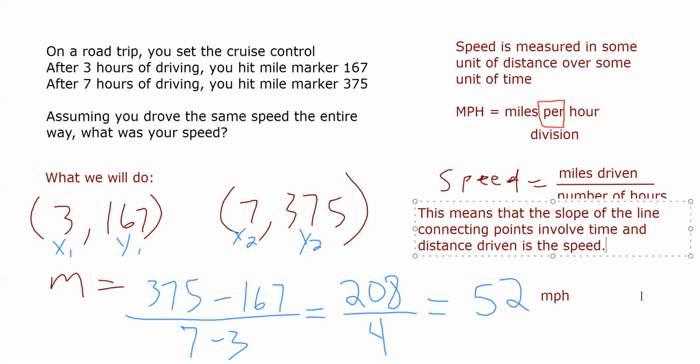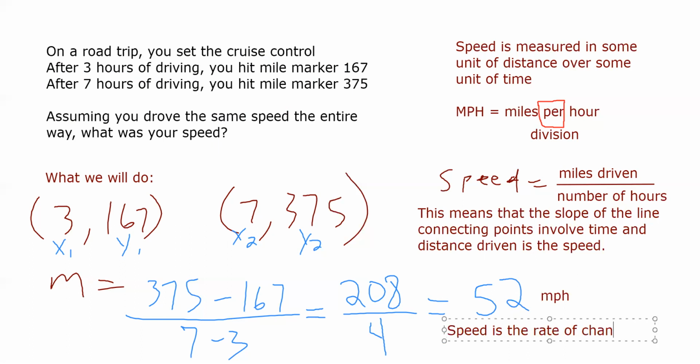But we already argued that slope was a rate of change. So speed or velocity, speed is the rate of change of your distance traveled. That's actually really interesting. Again, if you go into calculus, you're going to be revisiting this.